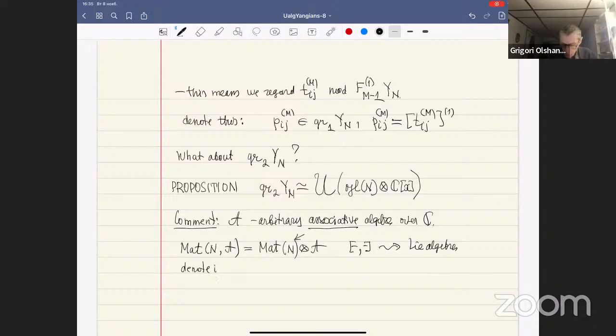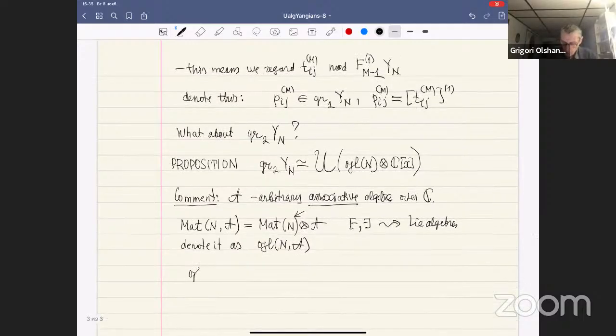Denote it as GL(A). And in this notation, maybe I will change this notation a little bit. I will write as follows.